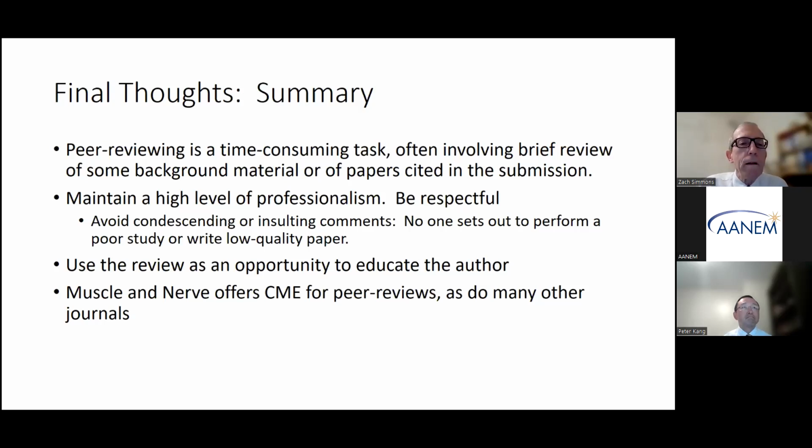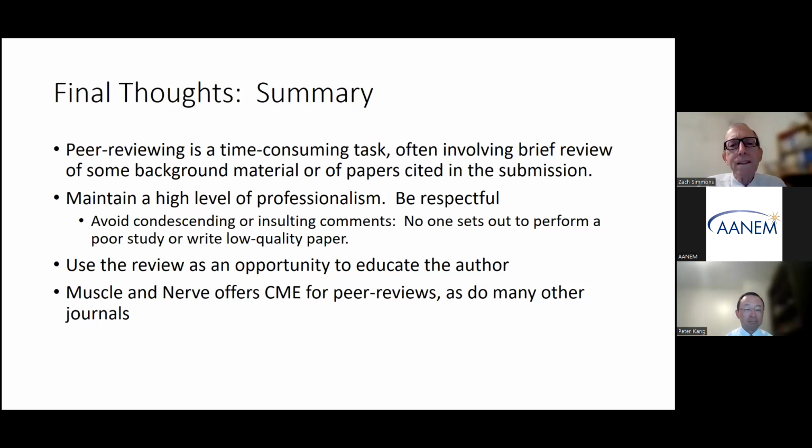It's really key to maintain a high level of professionalism and to be respectful, to avoid condescending or insulting comments. If reviewers, as they do on very rare occasions, put in comments that sound very condescending or insulting, I simply remove those comments and I send the reviewer a letter to let them know that I'm not forwarding those comments to the author.